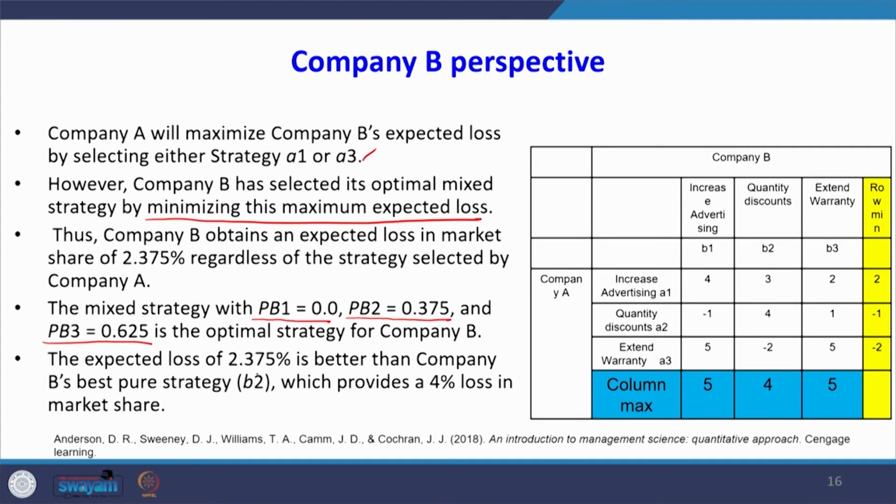So, the expected loss is 2.375 percent, which is better than company B's pure strategy B2, which provides a 4 percent loss. So, you see that there is a 4 percent loss. Now, the loss is only 2.375.